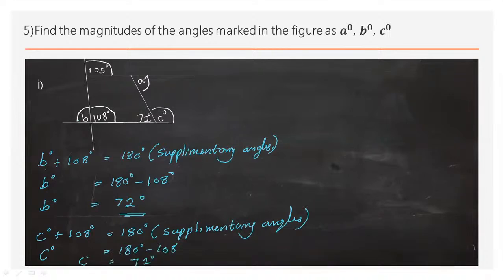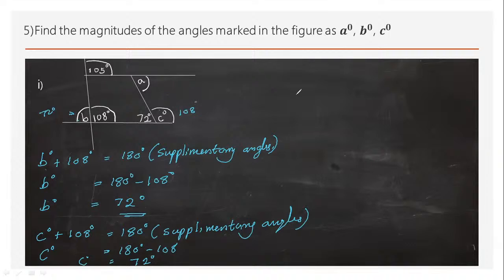Now we remain only one angle, that is A. Now you know all the exterior angles except A. No? C is 72 and the B is here. B is 72, C is 180. Right? B is 72 and the C is 108.